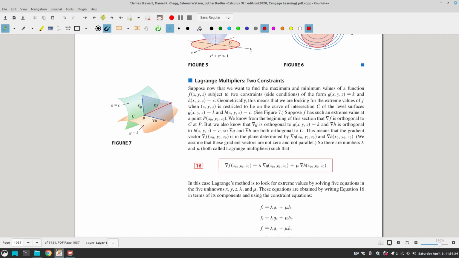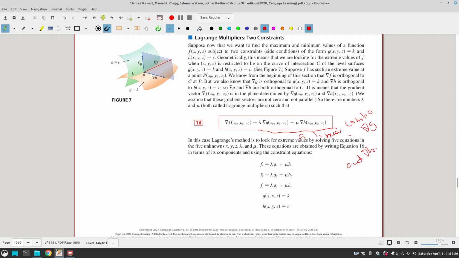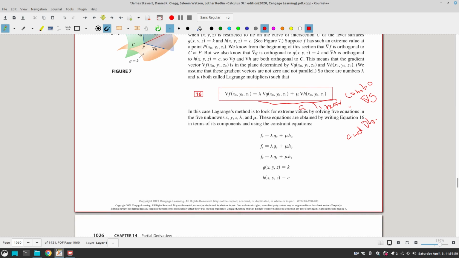Which tells me that delta f is a linear combination of delta g and delta h. So we have to find the coefficients of the linear combination, right?